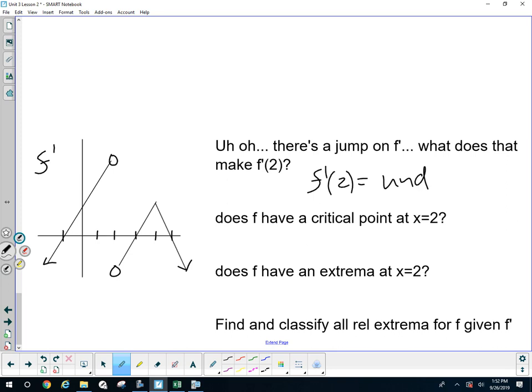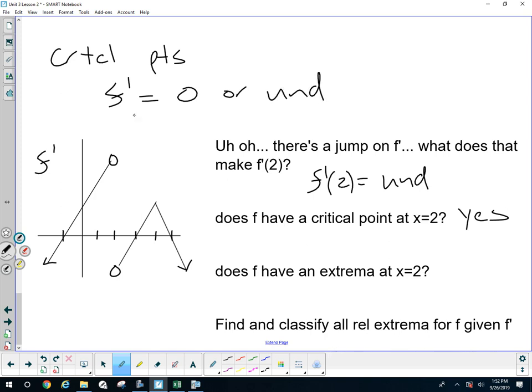Do I have a critical point at x equals 2? Yes. Why? Remember, critical points, when signs could change, occur when our derivative is 0 or is undefined. Look, my signs change. Watch.